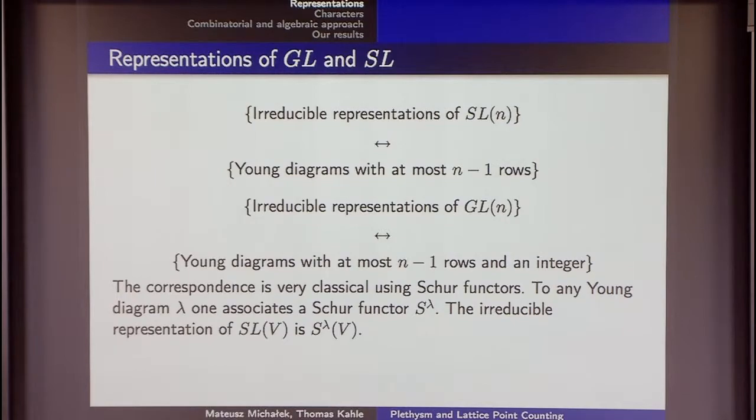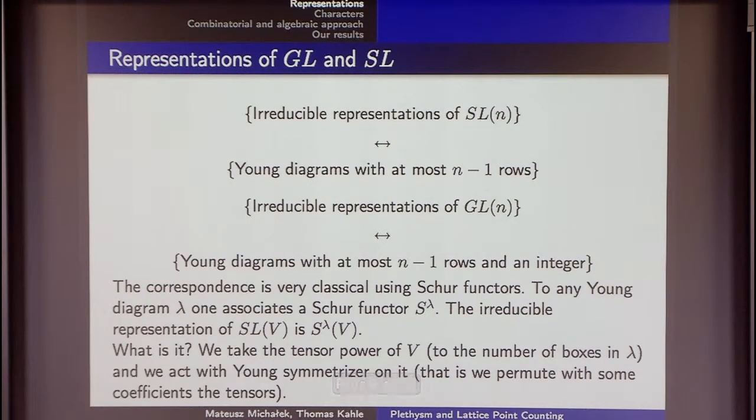How does it work? I take the space V, if I consider the group SL(V). I tensor it as many times as my Young diagram has boxes, and then I act on the tensor power with the Young symmetrizer.